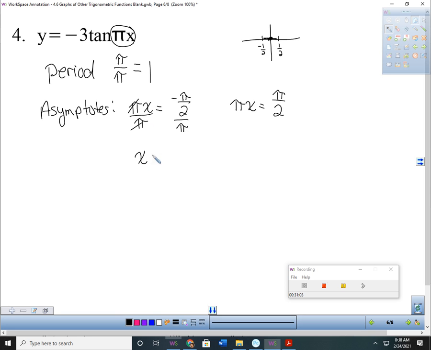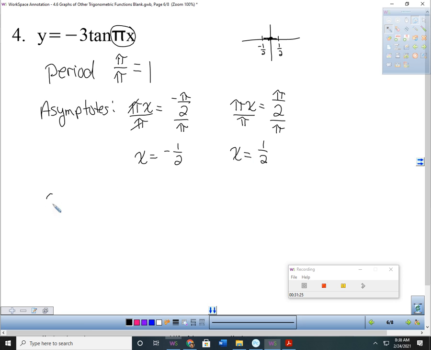So x is equal to negative 1/2, which is what we were already thinking. Same thing over here, divide by pi. And x is equal to positive 1/2. So we were correct in our thinking, and that is a distance of 1.